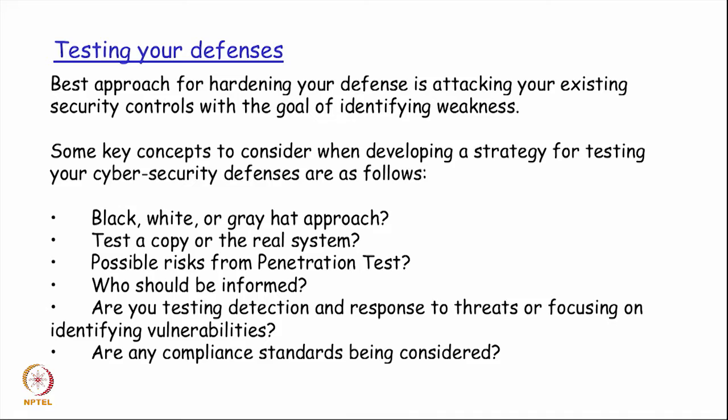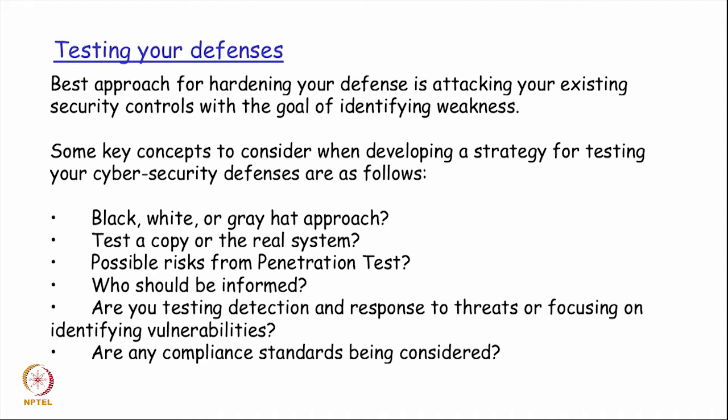And the next parameter is, are we testing detection and response to threats or focusing on just identifying the vulnerabilities. If you recall, when we started introducing penetration testing, we clarified the differences between these two parts, and it helped us understand how these two are different. So, that is the next parameter based on which the testing scope will be decided, and also what kind of defensive countermeasure the customer needs to adopt.